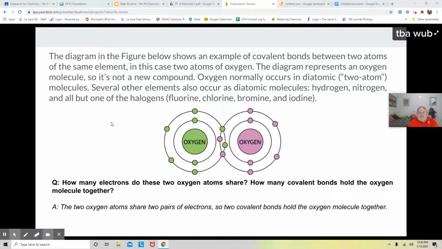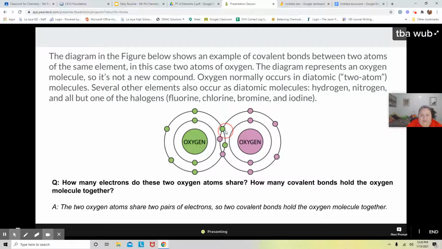Fluorine, chlorine, iodine, bromine. All of those would form diatomic molecules, but not covalent compounds. At the bottom, how many electrons do these 2 oxygen atoms share? How many covalent bonds will hold the oxygen molecule together?